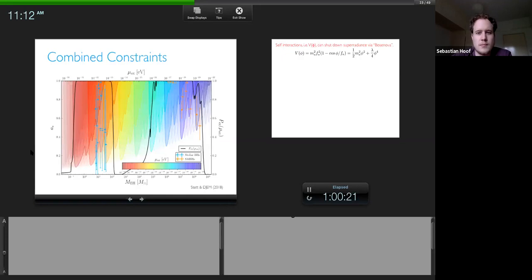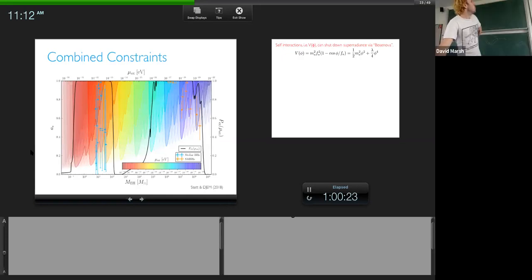To compute the overlap integrals, we made this approximation where we could collapse the x and y errors into just one effective y error, which is also an approximation, and I think only holds at the level where you don't have covariance.